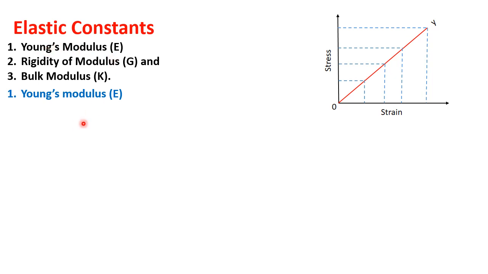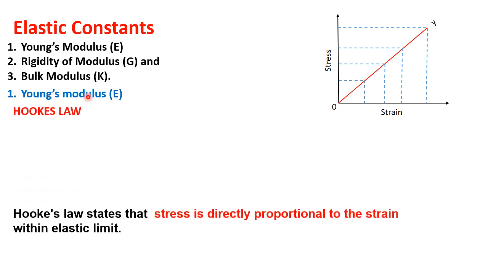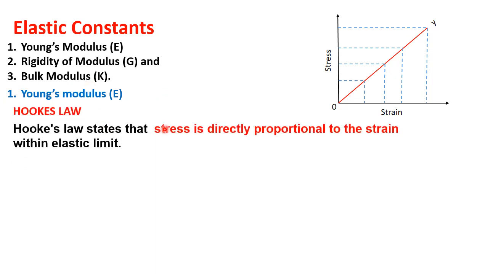As I have already discussed Young's modulus in my previous videos, you can go and check it out. Here, this Young's modulus is derived from Hooke's law, and Hooke's law states that stress is directly proportional to the strain within elastic limit. So here stress is directly proportional to the strain.